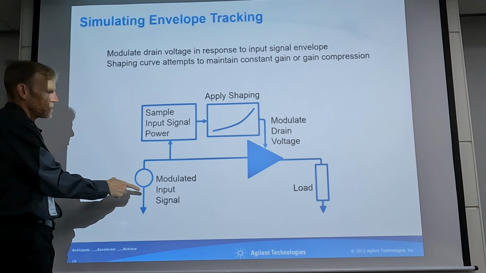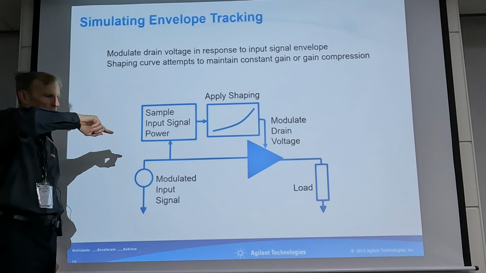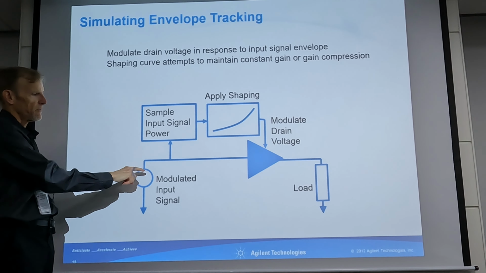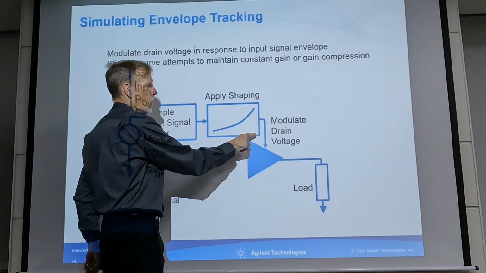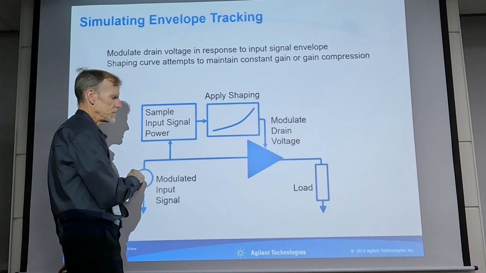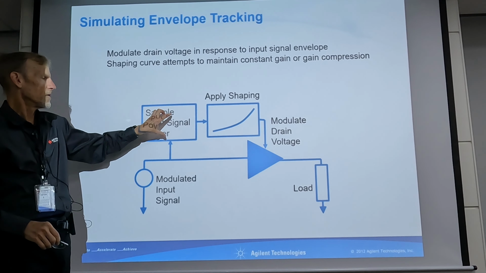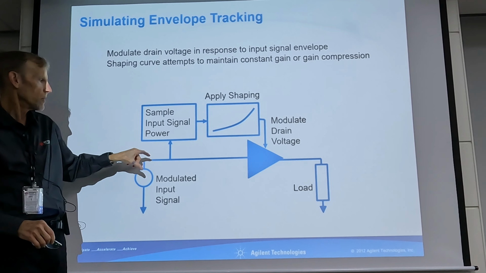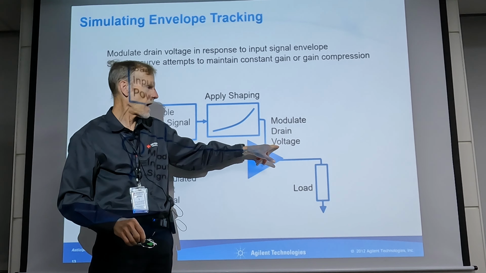take a modulated input signal, and you have, say, power versus time. This has an envelope, and the bias modulator needs to output a bias voltage versus time that tracks this signal. So I can imagine simulating the bias modulator separately, with an envelope input and generating a bias voltage versus time.